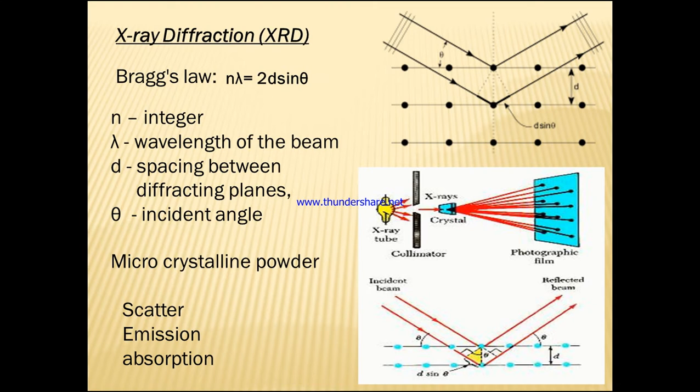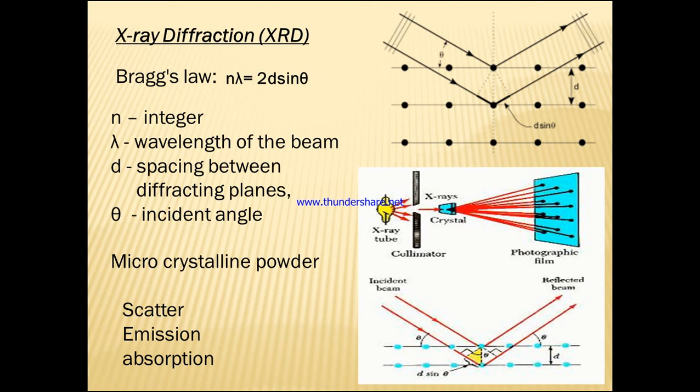The X-rays fall on the atoms and molecules and are diffracted, so we get the angle. The angle and d, the spacing between the lattice planes, are indicated by d sin theta, where d is the spacing between the diffracting planes.